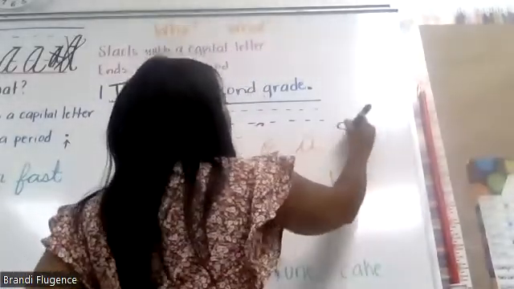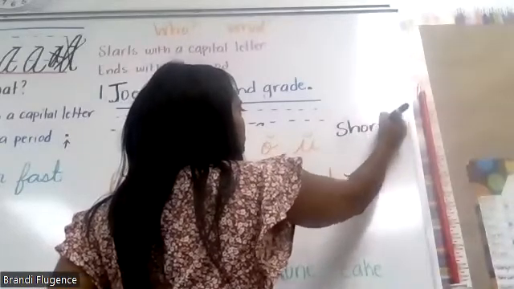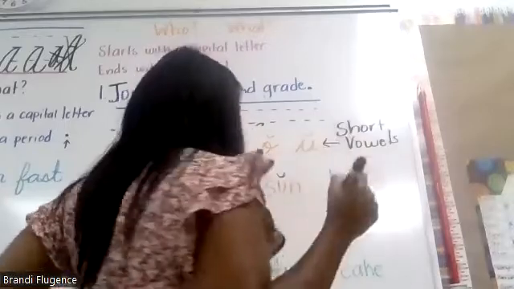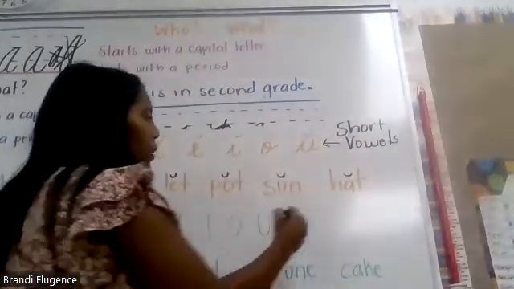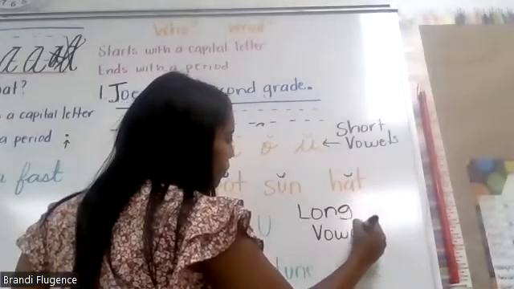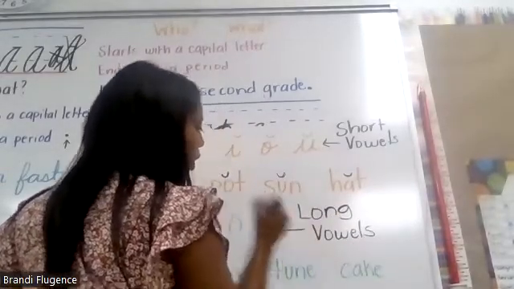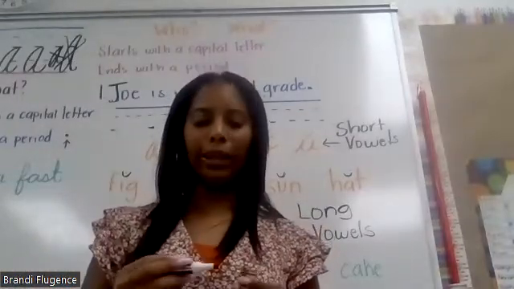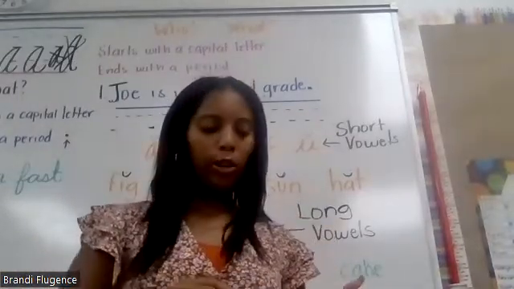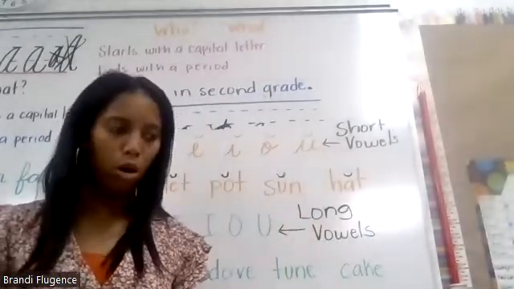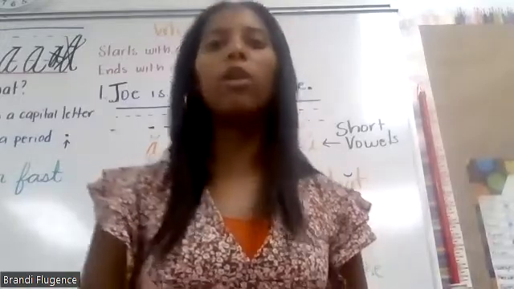Okay, and the short vowels say a, e, i, o, u. Good. Today we'll move on to our next set of vowels, which we call the long vowels. Long vowels are different. They sound different, and the rule is different. What sound do the long vowels make?